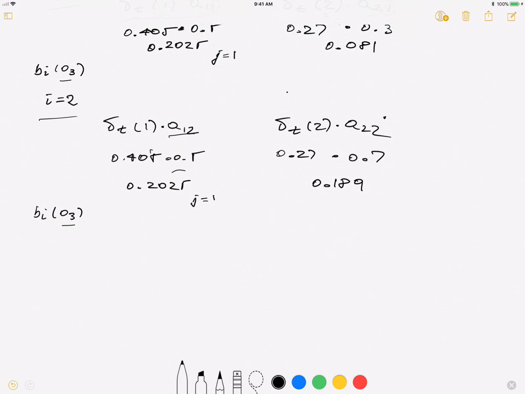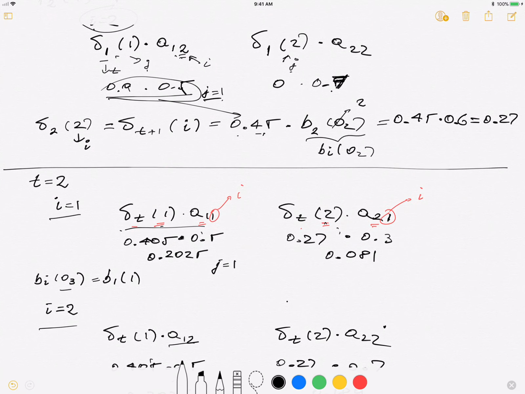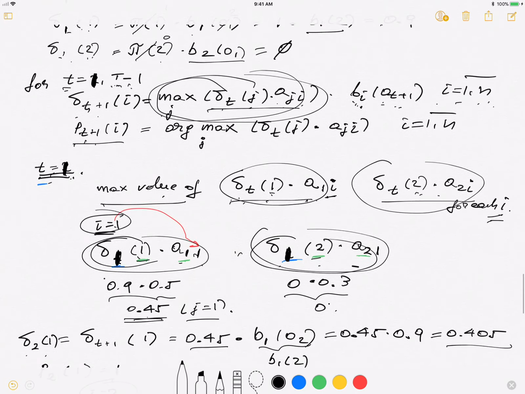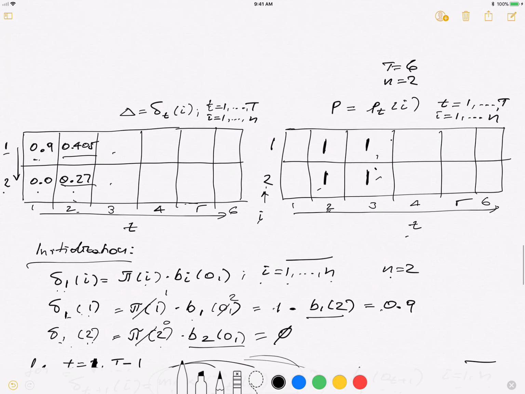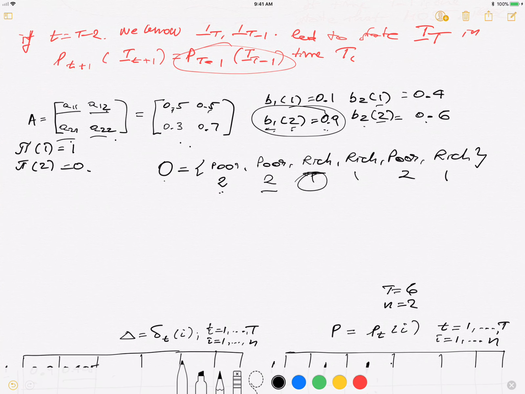So this is B2 of 1, and this is B1 of 1. Why? Because here I is 1 and here I is 2. B11, what is B11? B11 is 0.1, and B21 is 0.4.